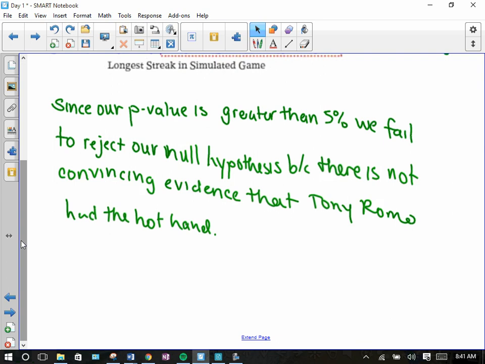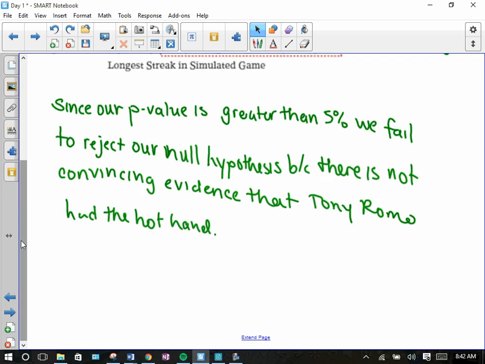So at this point, we've drawn our conclusion. We're done with this part. We looked at this example with Tony Romo and came up with the conclusion that there wasn't enough convincing evidence to support that Tony Romo had the hot hand in this game.